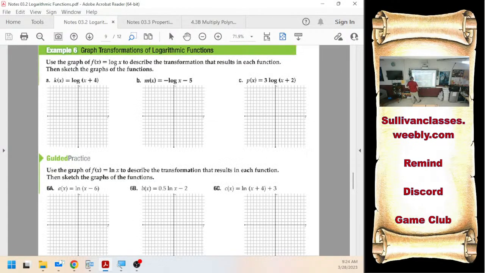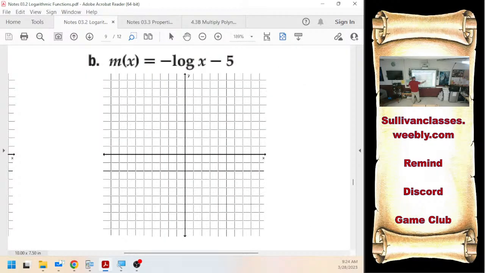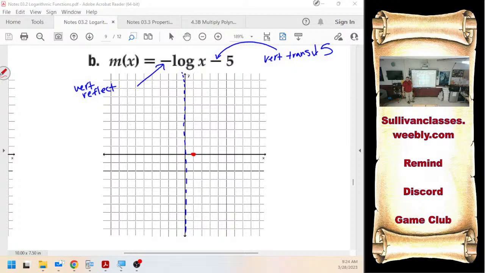So if I see something like this guy, this tells me there's a vertical reflection. This is not grouped in with x, so it tells me it's a vertical translation down 5. I'm still going to have my vertical asymptote. It's just that initial point that's normally at 1, 0. I'm going to move it down 5. 1, 2, 3, 4, 5.